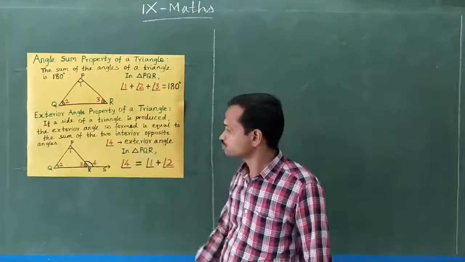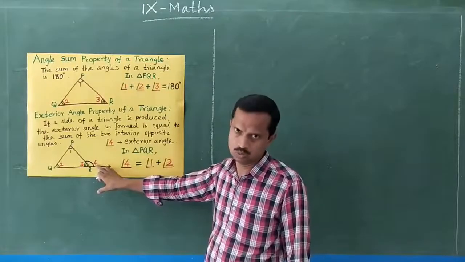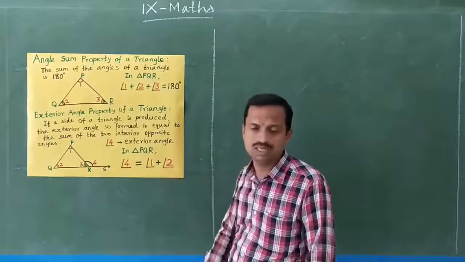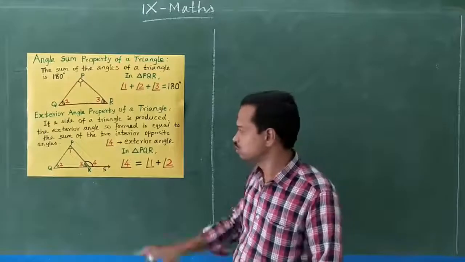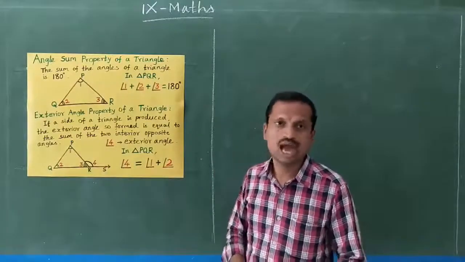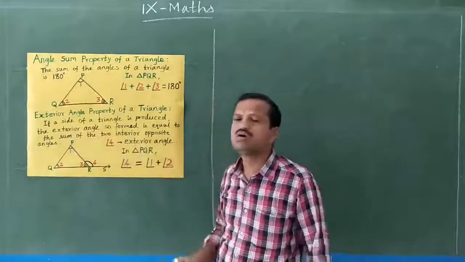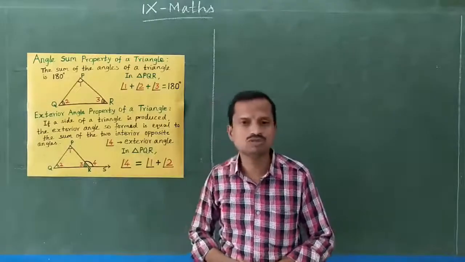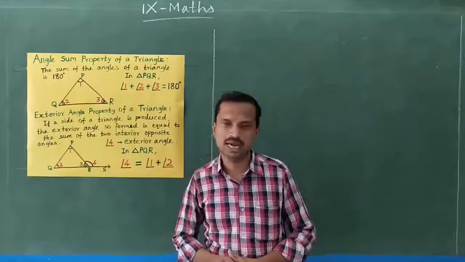Now this angle 4, the exterior angle, is equal to angle 1 plus angle 2, the sum of the two interior opposite angles. So 1 and 2 are the interior angles opposite to angle 4. The statement is: if a side of a triangle is produced, the exterior angle so formed is equal to the sum of the two interior opposite angles.